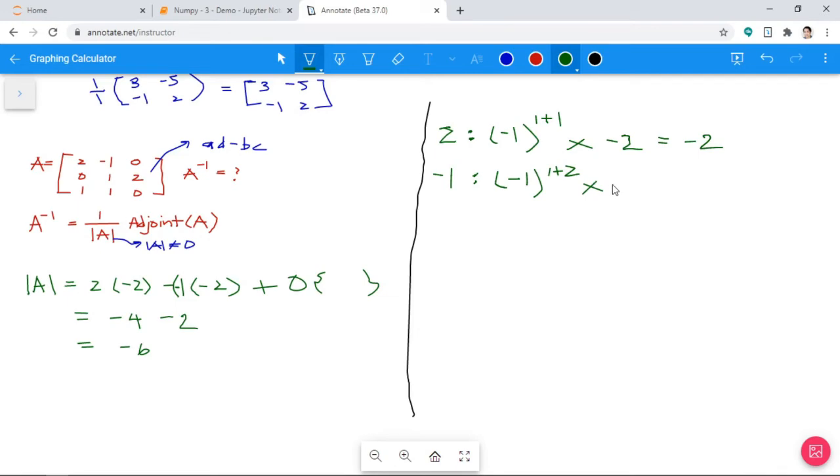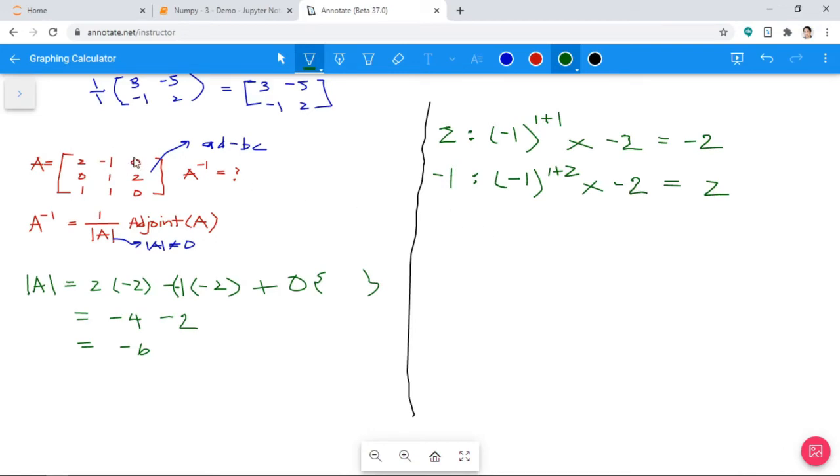So we also have -2 here. So this is equivalent to -1 times -2, which is +2. This is -1 to the third power, which is -1 times -2, which is +2.